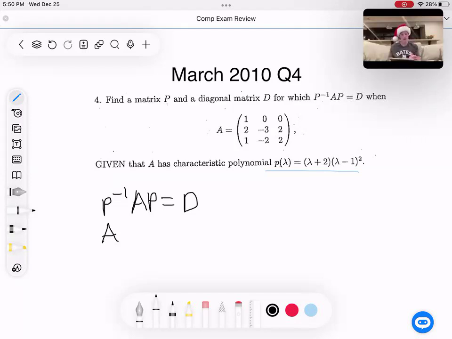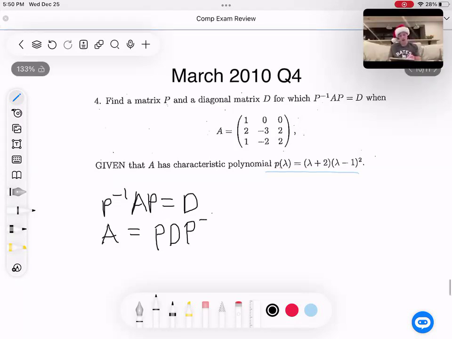It's equal to P times D times P inverse. And D is a diagonal matrix. If a matrix is diagonalizable, we can come up with this decomposition for it, this PDP inverse, and D is going to be a diagonal matrix of eigenvalues. That's why we need the characteristic equation.